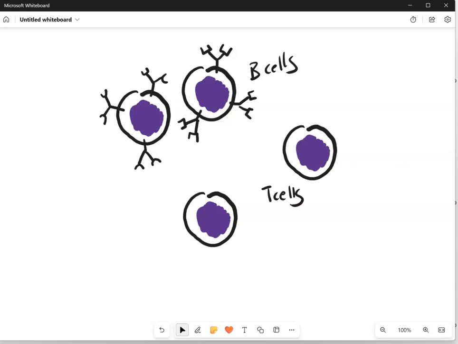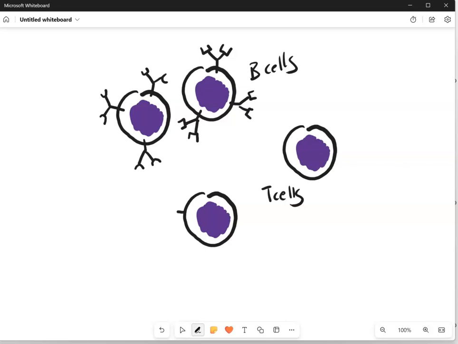Now with lymphocytes, they don't know what they're looking for, but they have a very, very specific binding site that will only recognize or bind to one protein, more or less. So that's what you should think of when you look at these binding sites: what shape would work with those binding sites, and that's randomly generated.